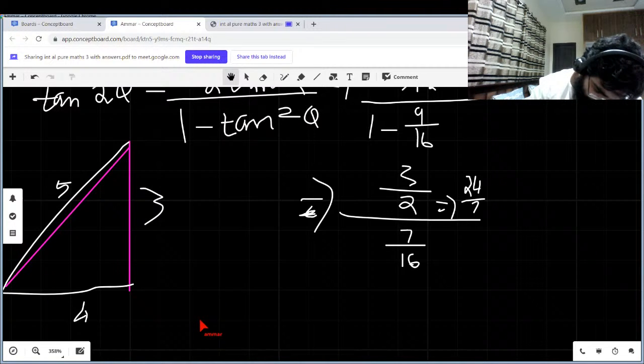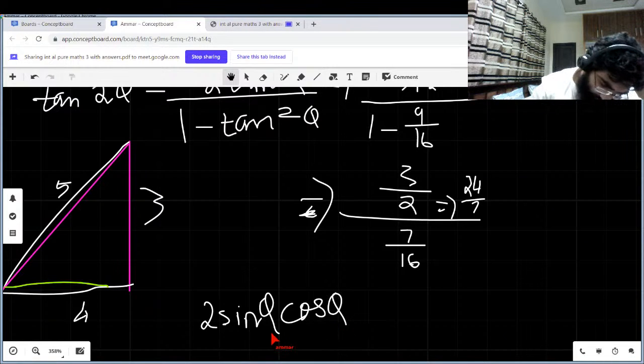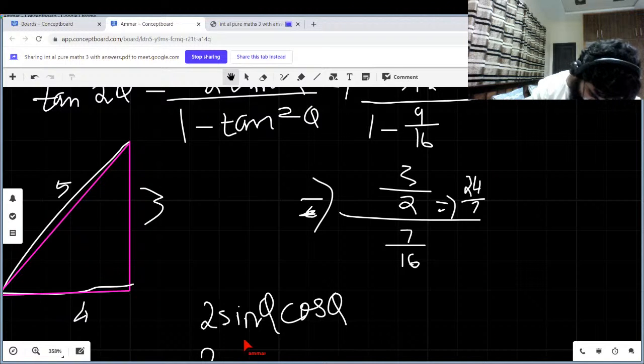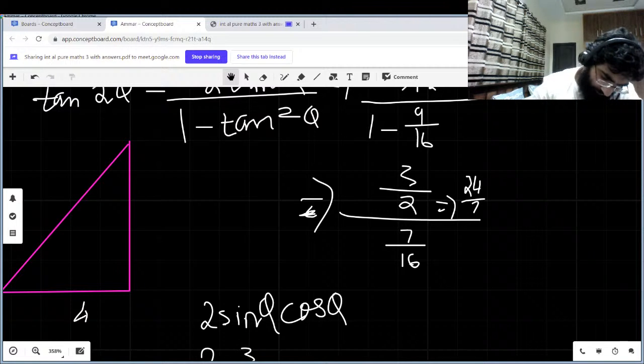The formula for sine 2 theta is 2 sine theta cos theta, right? So 2 sine theta, where sine is opposite over hypotenuse, so 3 by 5 into cos, which is 4 by 5.